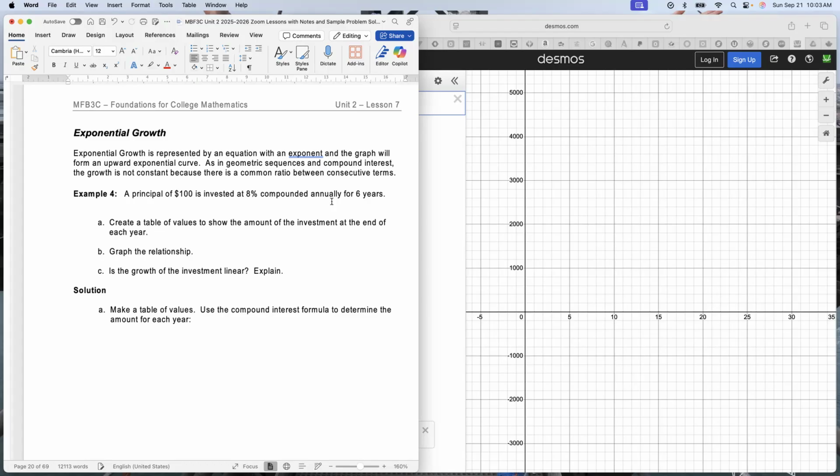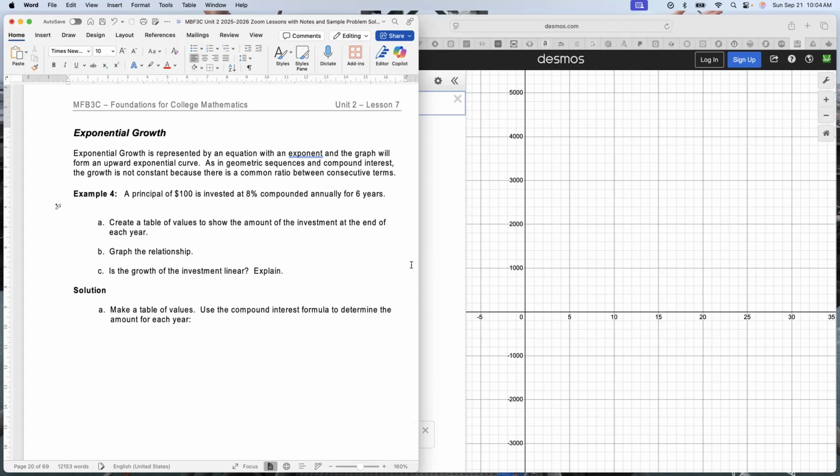So what I want to do now is compare this one right here: if we invest $100 at 8% per year, compounded annually. Before I do anything here, I want to do simple interest first.